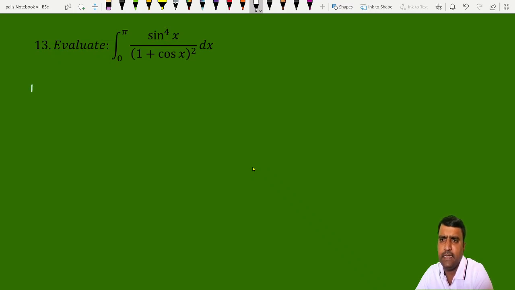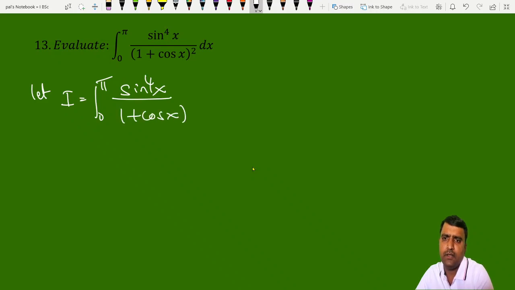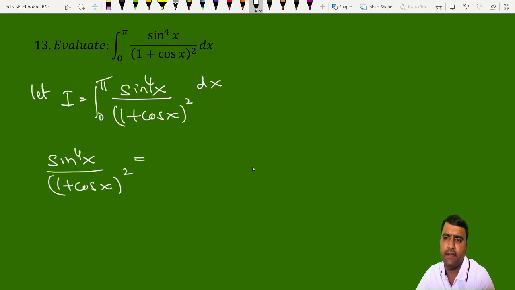So you take this as I. Let I is equal to integration from 0 to pi sin to the power 4x divided by 1 plus cos x whole square into dx. Here we have to simplify this.